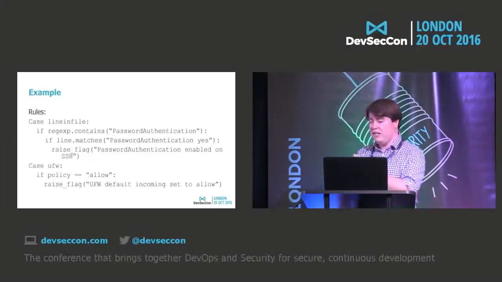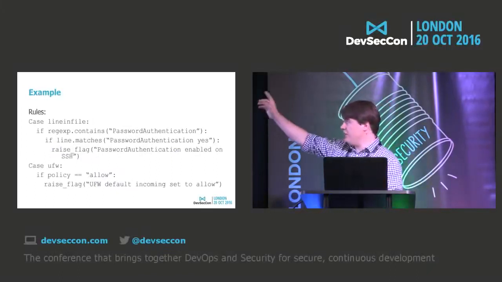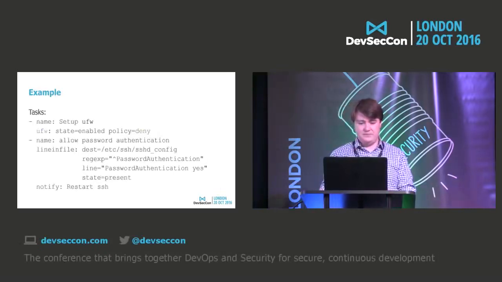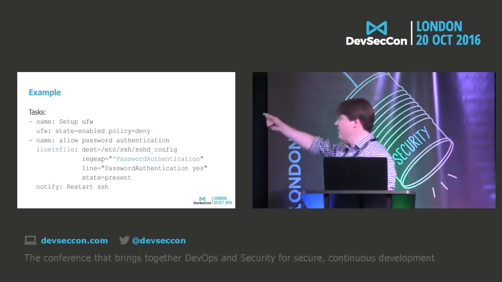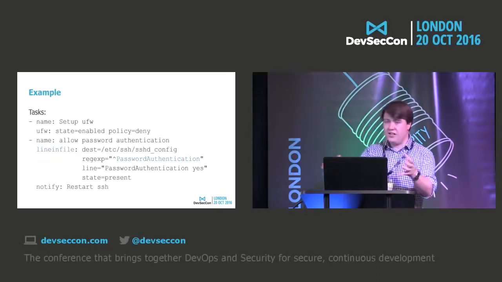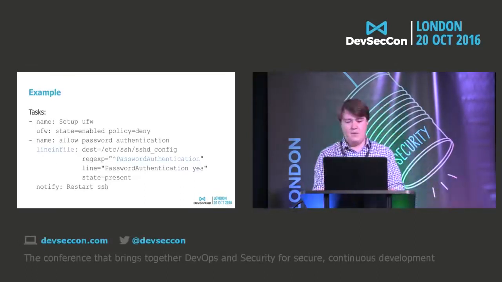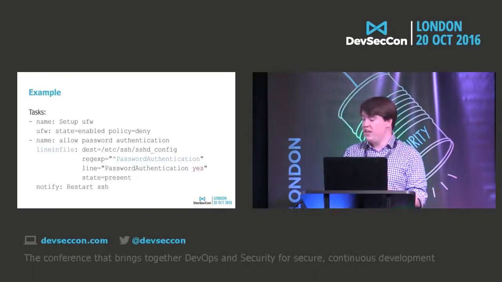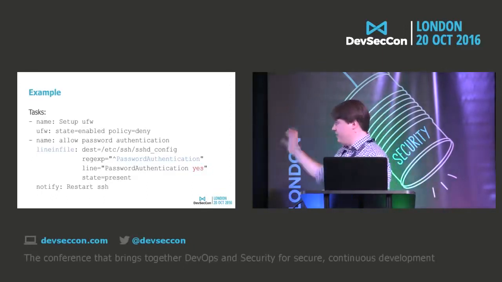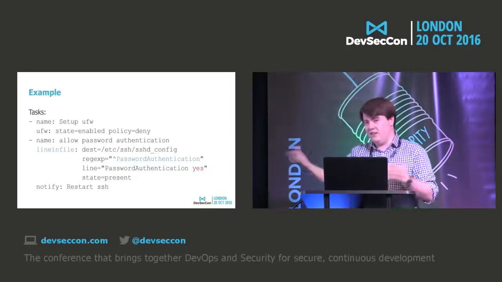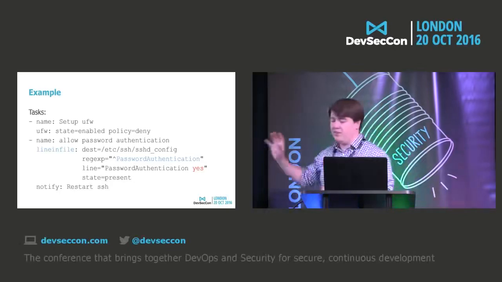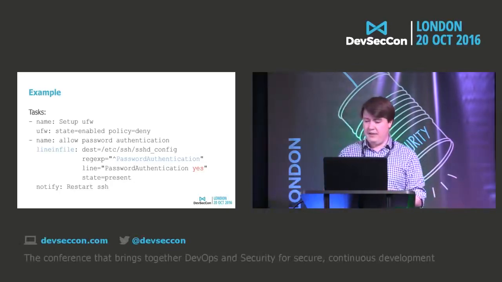So we find a line in file, we then look at the regular expression that defines the line in file rule, and see what happens with that. Here we find that the regular expression contains this password authentication thing, which is what we're looking for, and we then check what the contents of it is, and lo and behold, someone's decided that password authentication on SSH is great and they don't like keys. So that is something that you can then flag and get fixed.